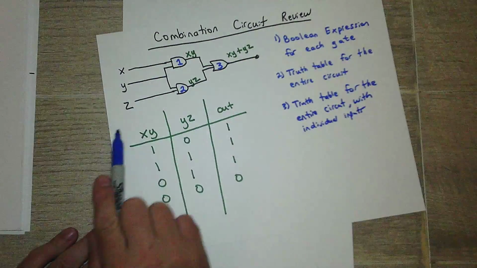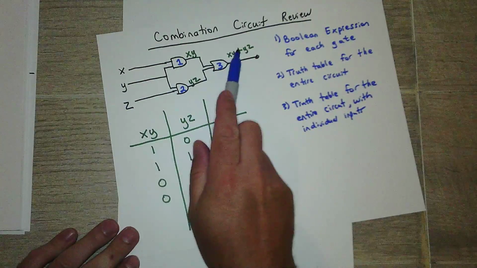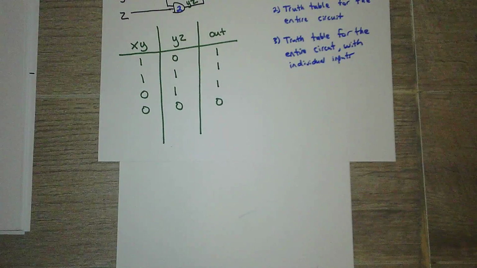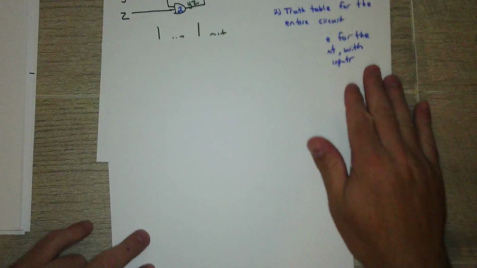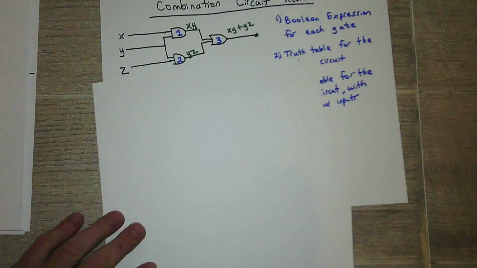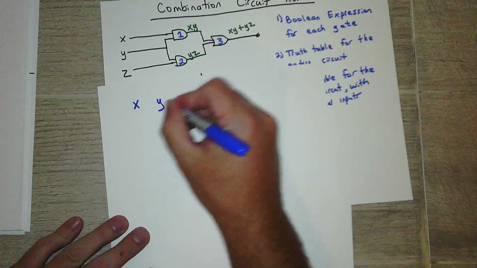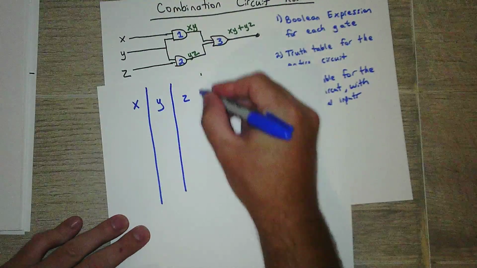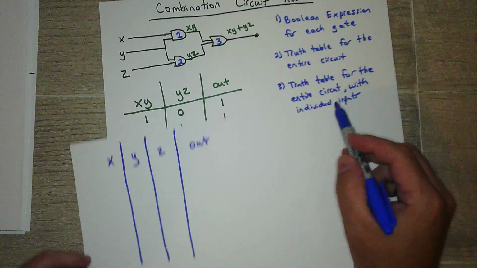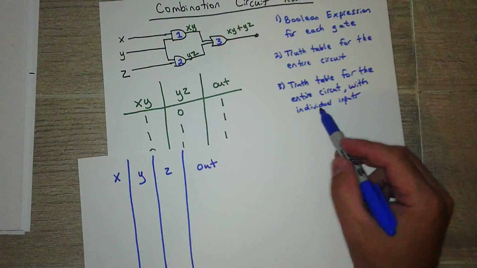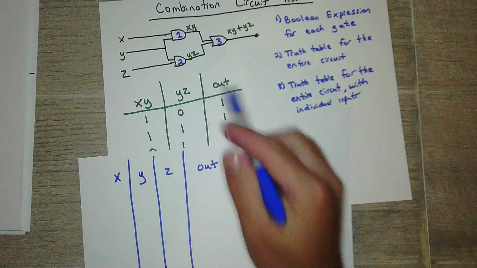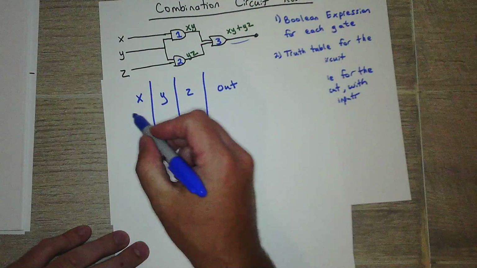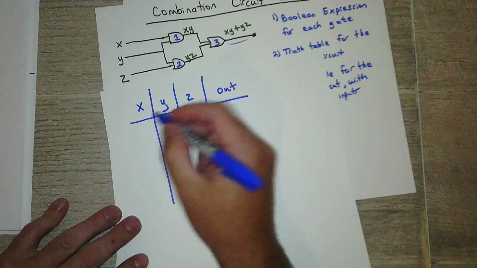We have a total of 3 inputs, so it's going to be a 3 input truth table based on this output. So I just do my 3 inputs, X, Y, and Z, and there's my output. This is if it asks for individual inputs. If it asks for individual inputs, then you can't do the combinational inputs. You just take whatever your inputs are, and your output's going to be based on the final output of the circuit.